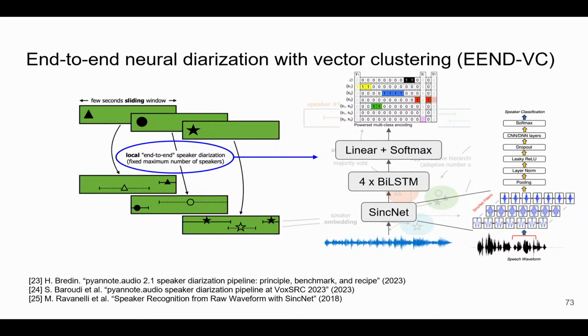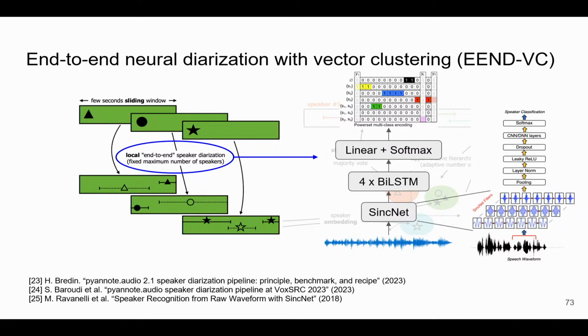And then they would have some BiLSTMs, and then the linear plus softmax to classify. Originally, there was not even the power set multiclass, then that was incorporated. So some of the things that we discussed before appear together with this.